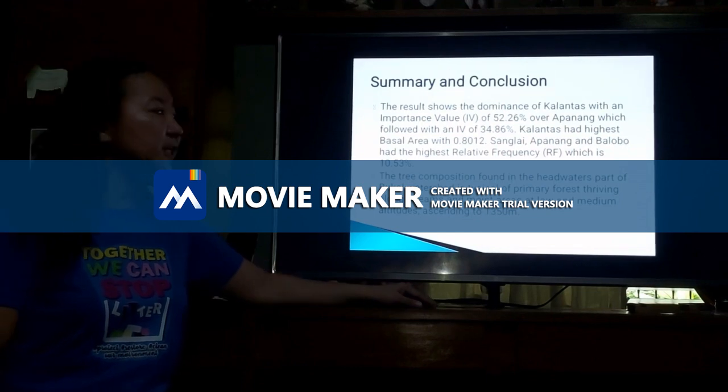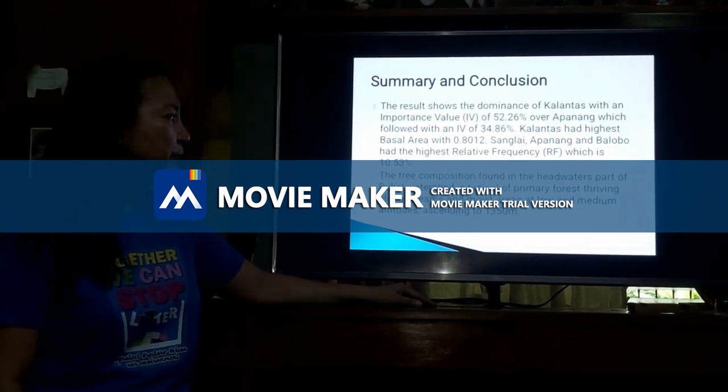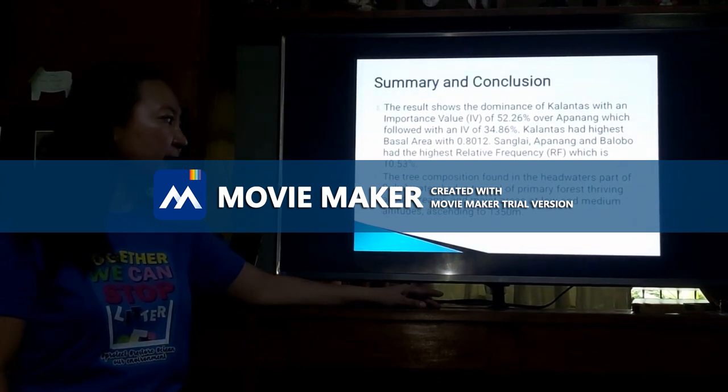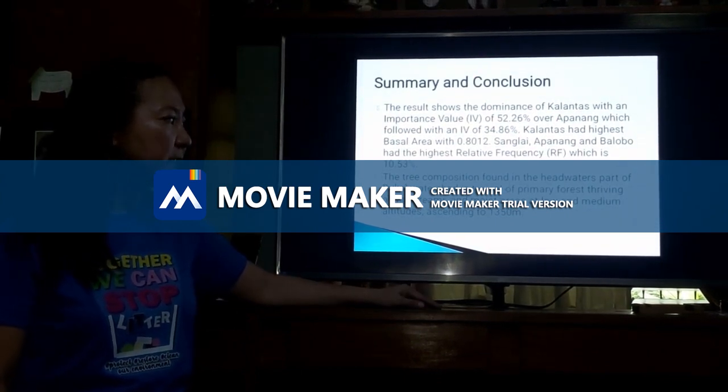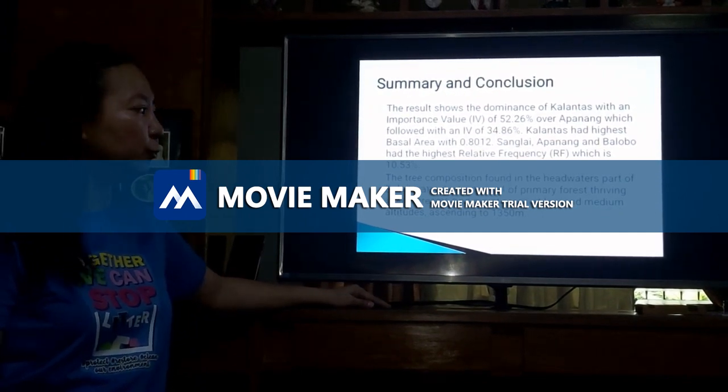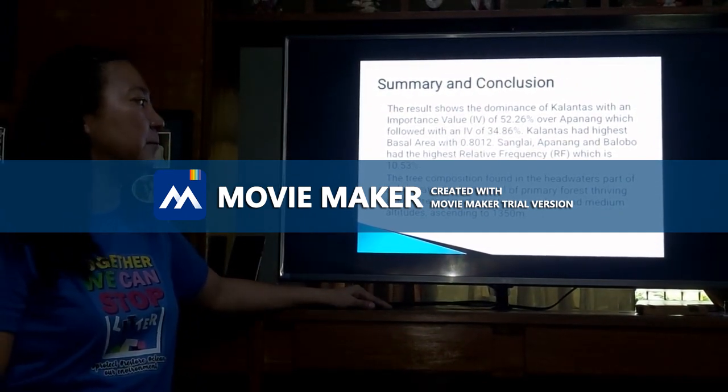So the tree composition found in the headwaters part of Bukal watershed is typical of primary forest, thriving along streams, moist areas, and at low and medium altitudes, ascending to 1,350 meters.